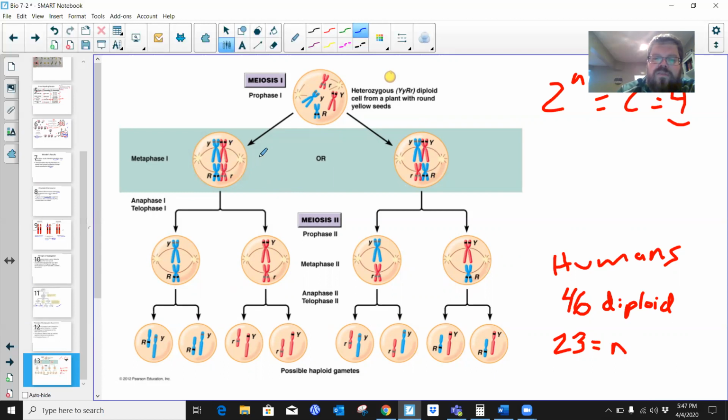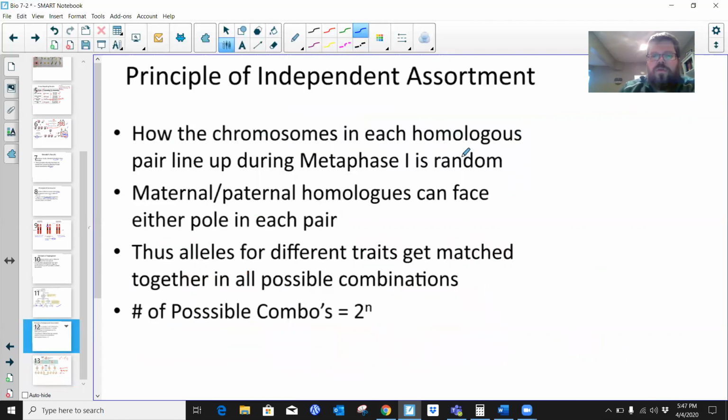The reality is that we have to talk about it from the idea of probability. It's randomized, okay. So how the chromosomes line up in metaphase 1 is random, and maternal versus paternal. Maternal refers to the mother, right?